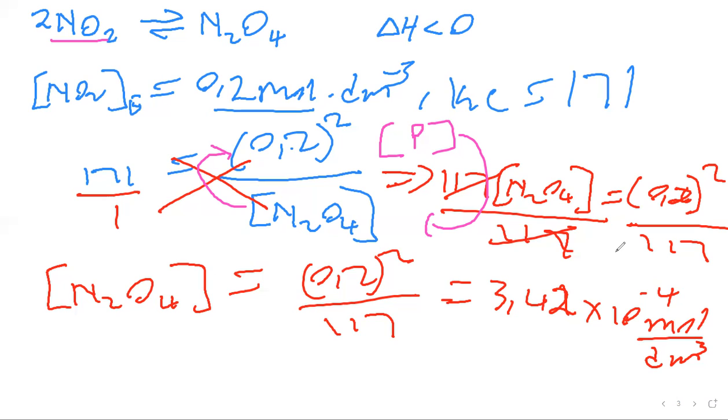Right, and we have Kc as well. So we know that Kc is the concentration of products over concentration of reactants. Kc is 171. Concentration of product, we don't have it. It's N2O4.